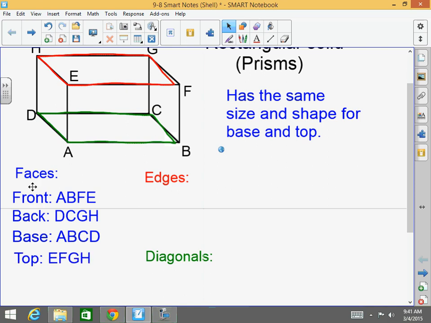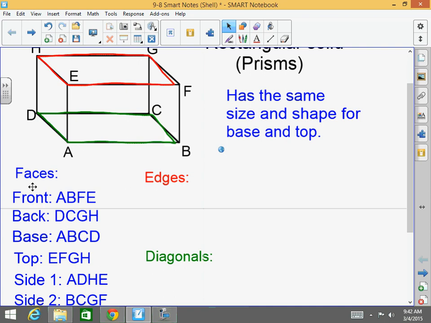You have the top, which is E, F, G, H. Then you have side 1, which is A, D, H, E, and you have side 2, which is B, C, G, F. You have a lot of components to this. So those are the faces, or the sides that make up this prism.